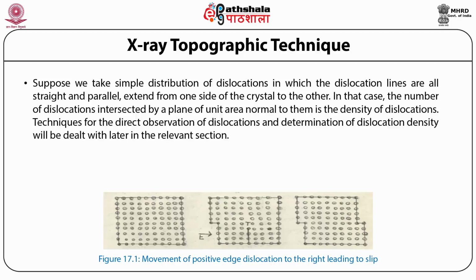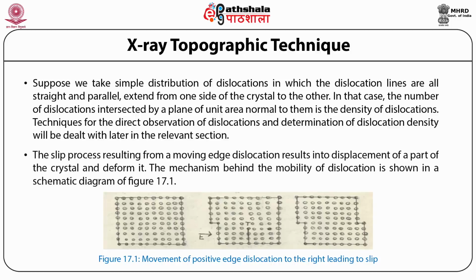The slip process resulting from a moving edge dislocation results in displacement of a part of the crystal and deforms it. The mechanism behind the mobility of dislocation is shown in a schematic diagram of figure 17.1.